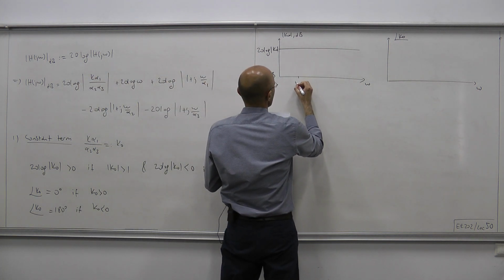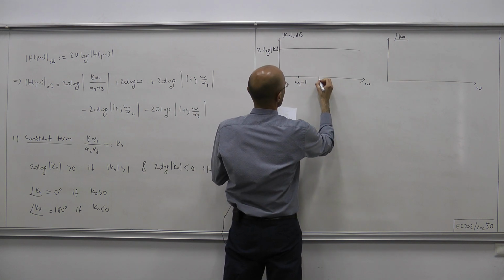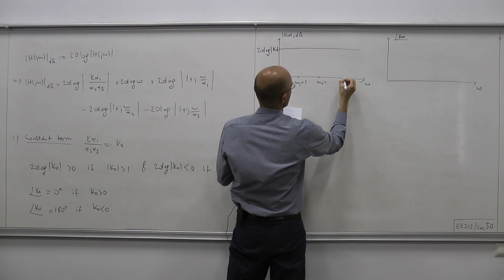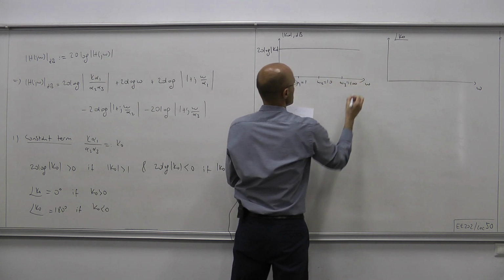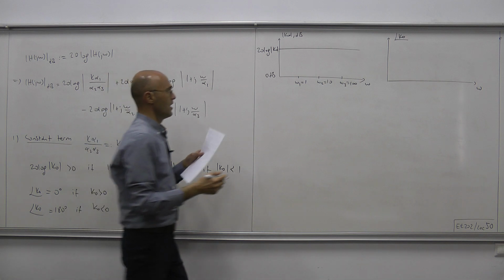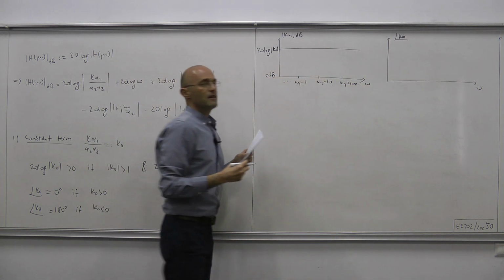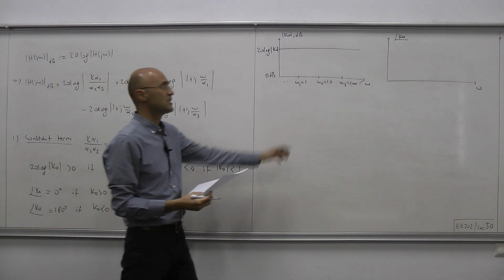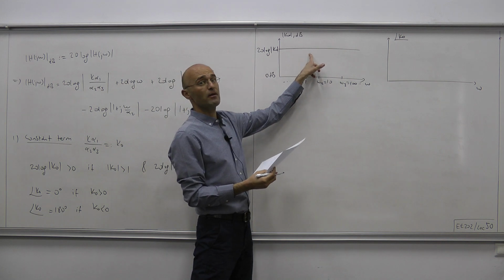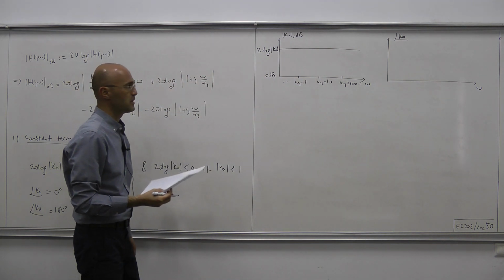Let's mark the frequencies ω1, ω2, and ω3. This is 10. Let's say this is 100. The frequencies are marked, although for the constant term it will not make a difference in the shape, because it's a fixed horizontal line, but for other terms it will be important.